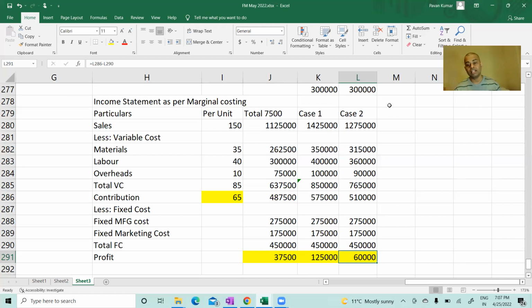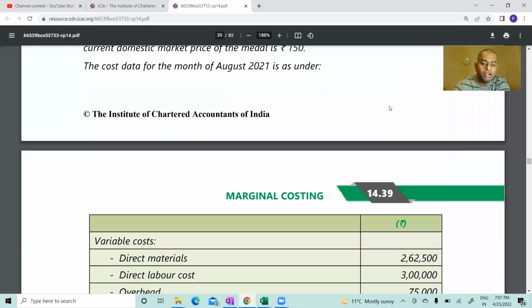And one more thing is, when you are running your plant at 100% capacity, always there is a risk. More repairs and maintenance can be there, or more strain will be there on the infrastructure. So these kind of points also you need to consider. That's all. So this is, my dear friends, problem number 12.